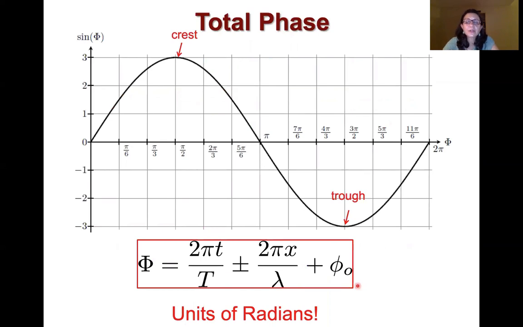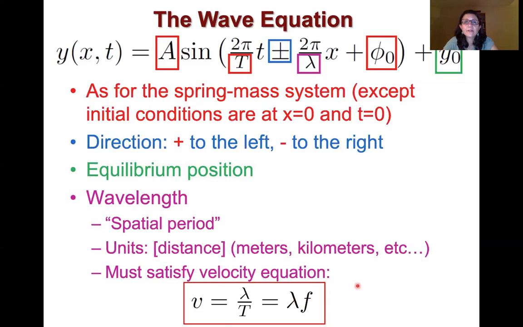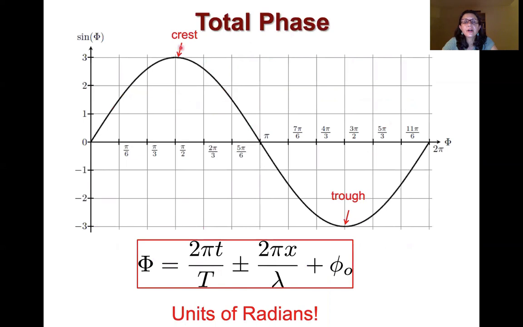So another important quantity is what is known as the total phase of the wave. The total phase is everything that goes inside these brackets here. Basically what that term tells you is a characteristic of a specific position in your wave.